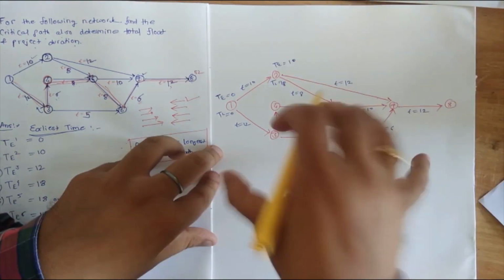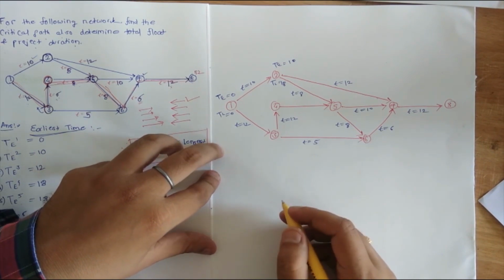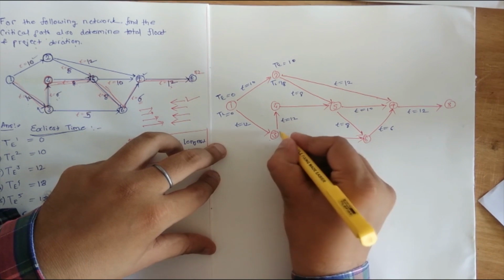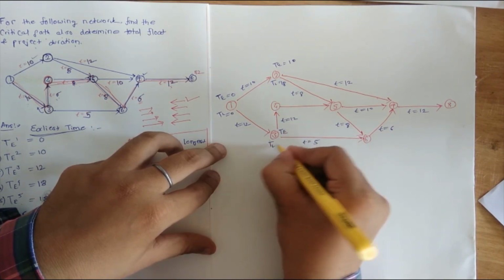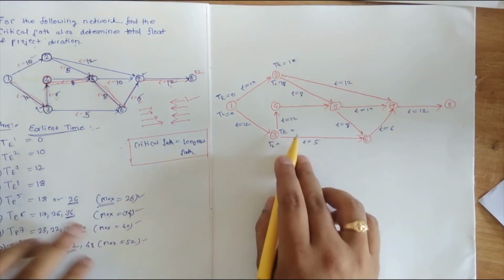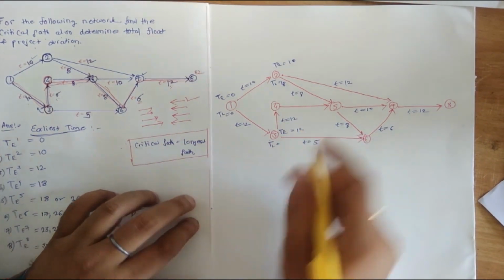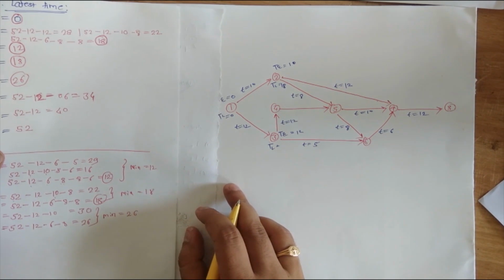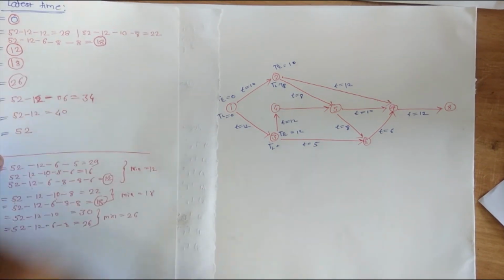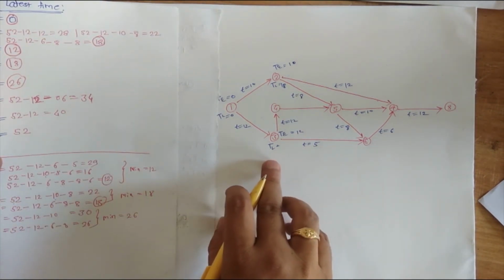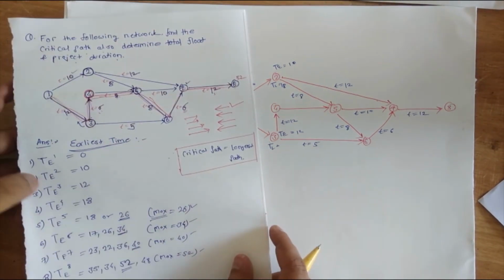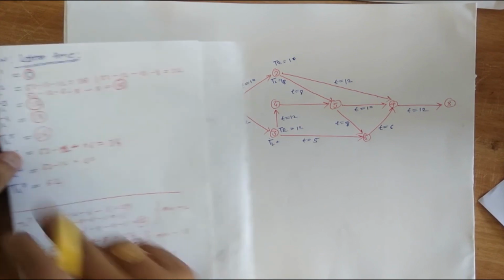We need to write out every event. At this point, the earliest time we have calculated is 12, and we have calculated the latest time too. I am writing it down, carrying a separate sheet for it. This is 12, this is 12.